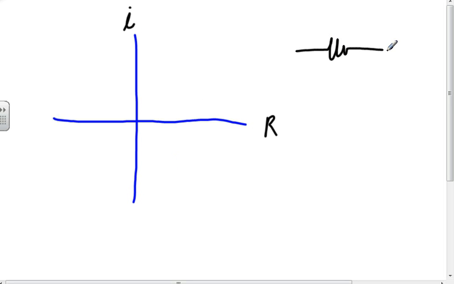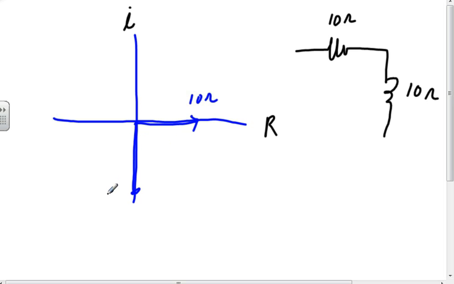So I'm going to look at my real versus imaginary axes again. And so if I have a resistor and an inductor, and the resistor is 10 ohms, and the inductor is also 10 ohms, well, what that means is that my resistor is sitting out here at some vector 10 ohms, and this guy is sitting down there at 10 ohms.